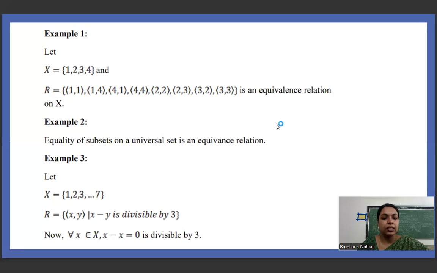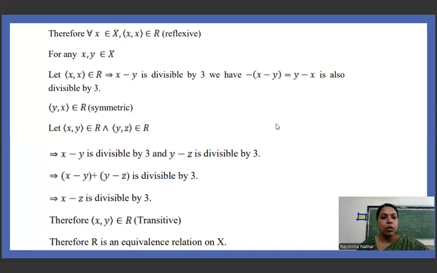Next example is X consisting of 1, 2, 3, 4 up to 7. R is a relation such that (x, y) where x minus y is divisible by 3. In reflexive property, x minus x equal to 0, which is divisible by 3, hence R is reflexive. Also, in symmetric property, we can say that when x minus y is divisible by 3, then y minus x is also divisible by 3.